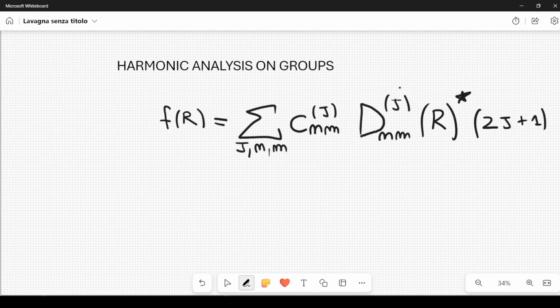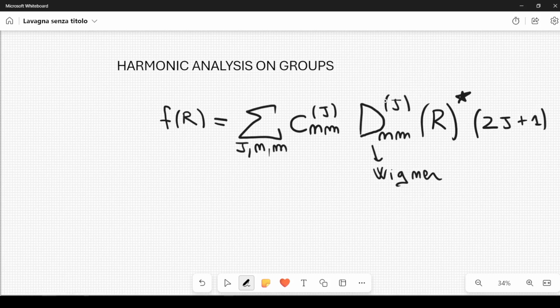This set of matrices D are called the Wigner matrices. These are representations of the group SU2. So in general, you might have other kinds of representations for other groups, but in this case, I'm really focusing on the SU2 group, and I'm going to label the matrices like this.